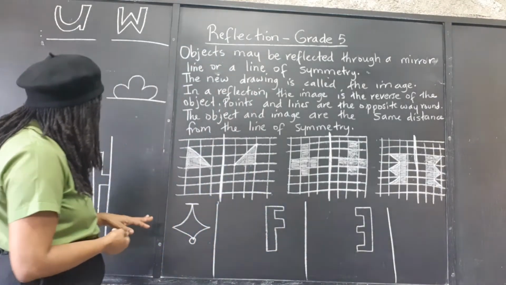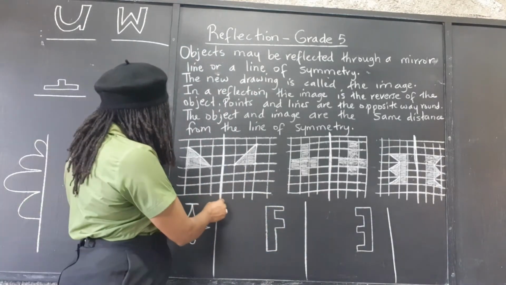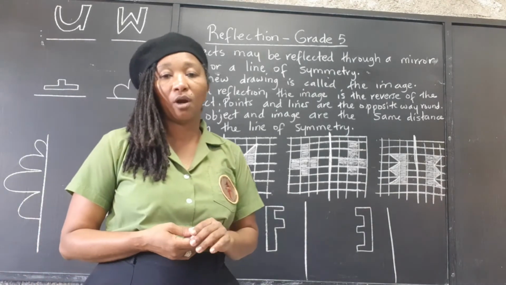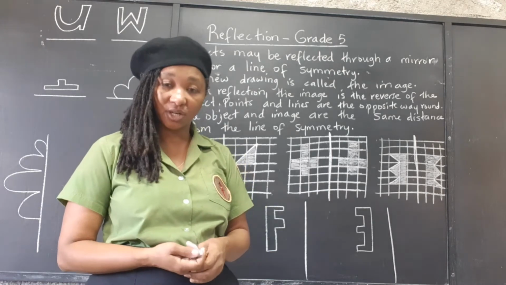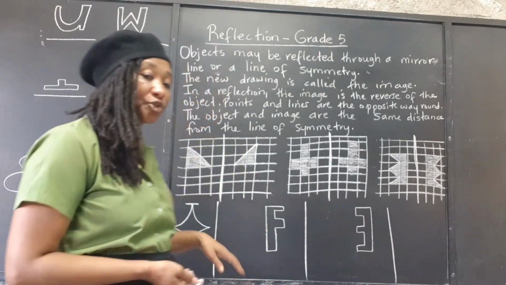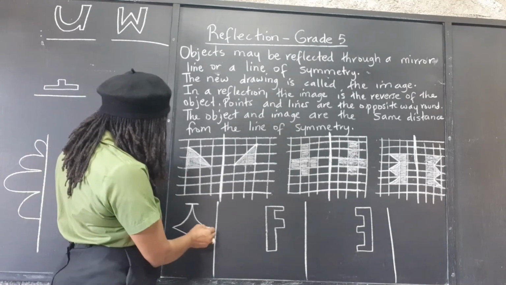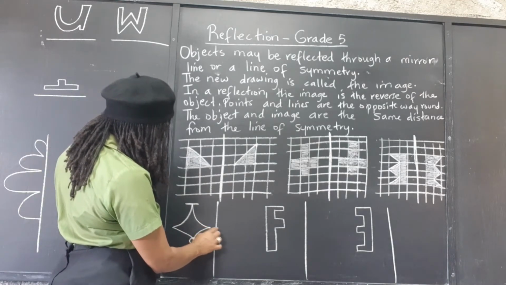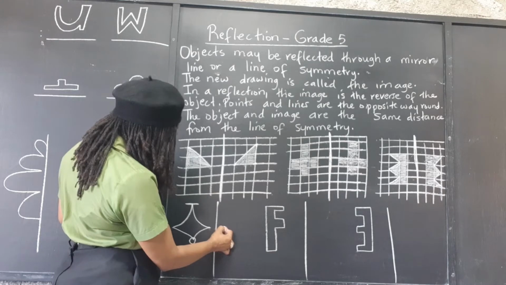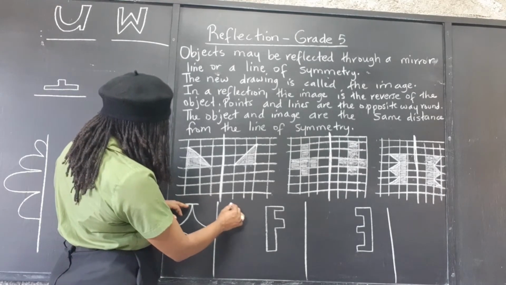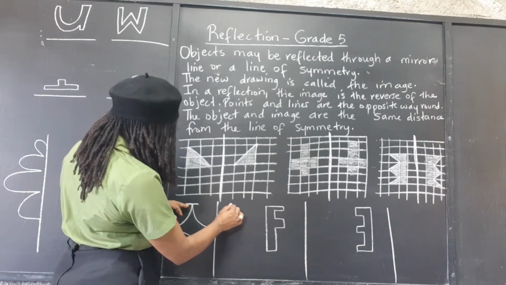So now we don't have a grid to work with, but we're going to use our skill in estimation and judgment and try to maintain the same distance apart. Alright, so we'll try to get the same distance there. And this is the height of that line there.